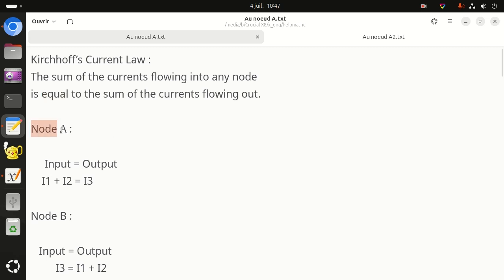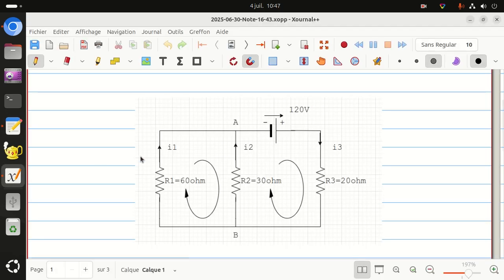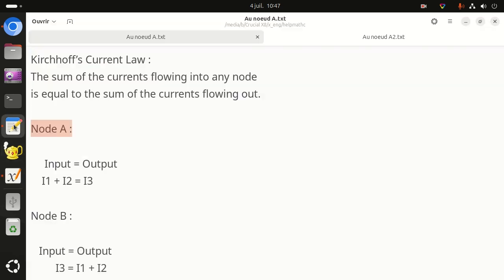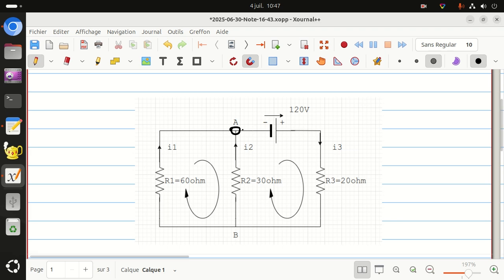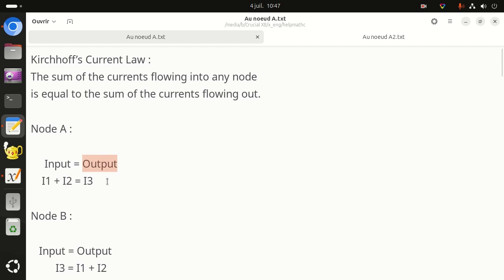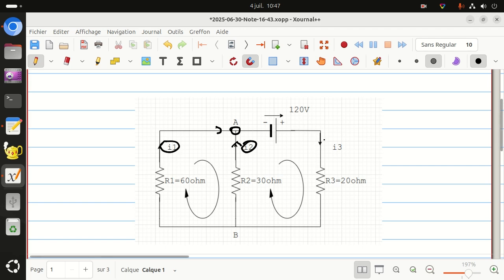For example, for the node A here, the input is I1 and I2, and the output is I3. Okay.